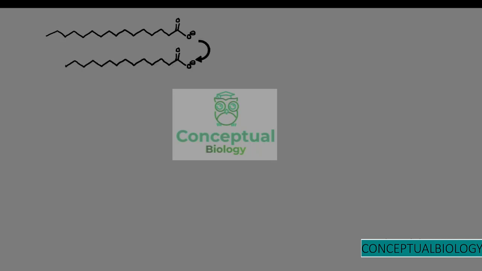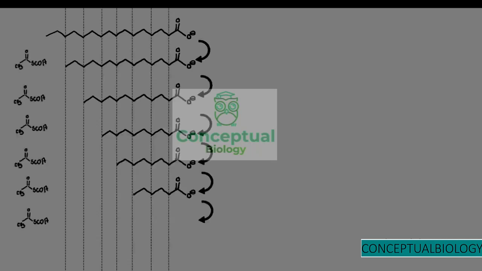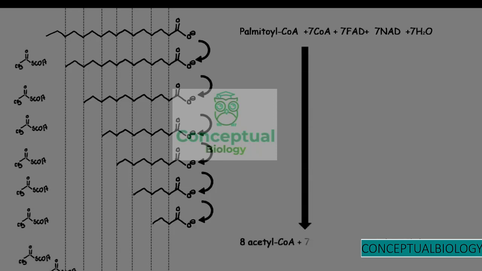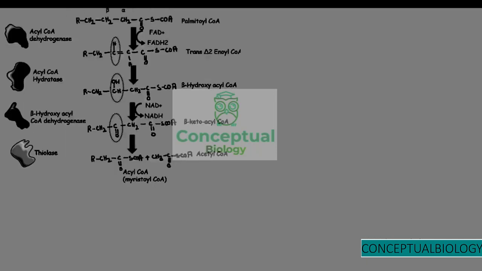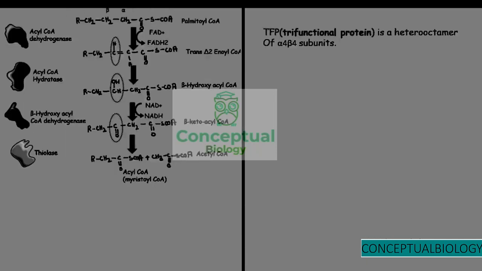It would be eventually broken down into 14 carbon, then 12 carbon, and gradually it would release all the molecules, and the cycle would go around 7 times. The product would be 8 molecules of acetyl-CoA, 7 molecules of FADH2 and 7 molecules of NADH. All these NADH and FADH2 can be further utilized in the electron transport chain.